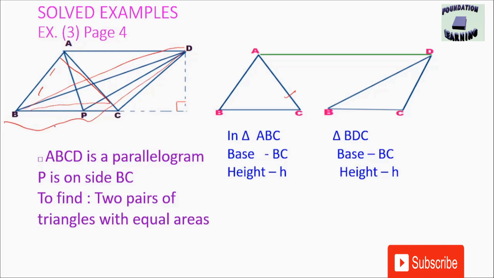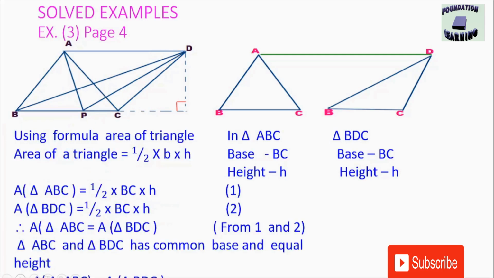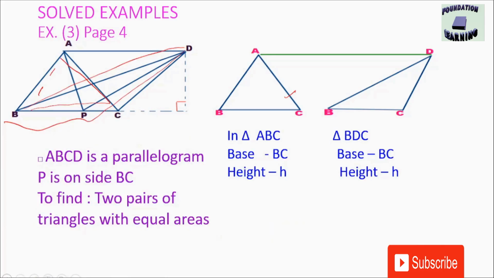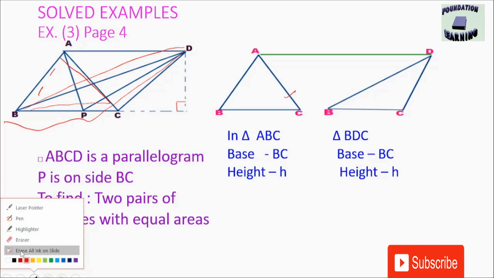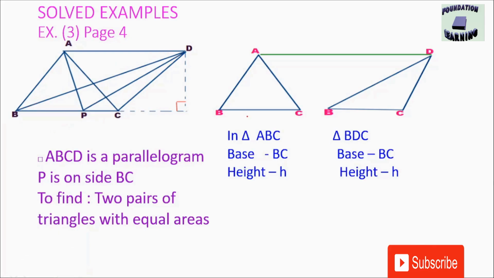One is an acute angle triangle, the other one is an obtuse angle triangle. ABC is an acute angle triangle. As all the heights are the same, we're going to take this as the height.